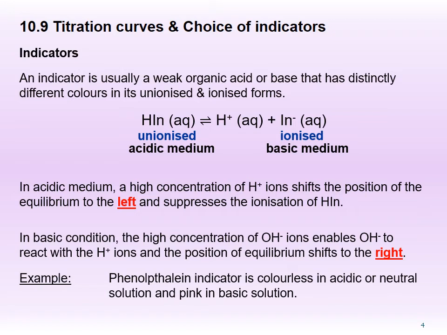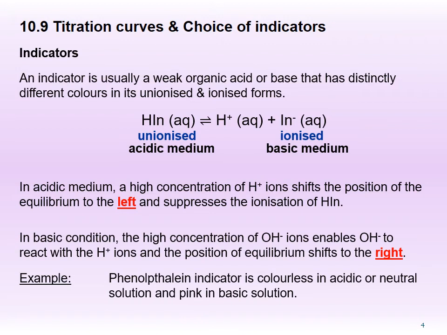It does this by shifting the equilibrium position to the right, that is, by getting the unionized indicator, HIN, to ionize to generate H plus and IN minus. Thus, in basic medium, the conjugate base IN minus is favored and predominates.